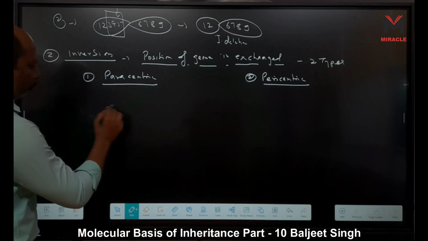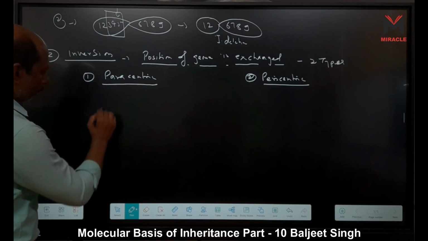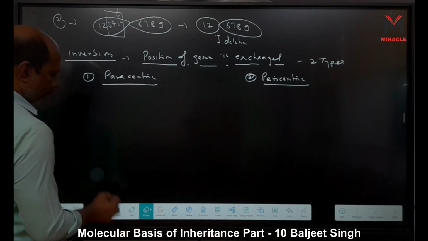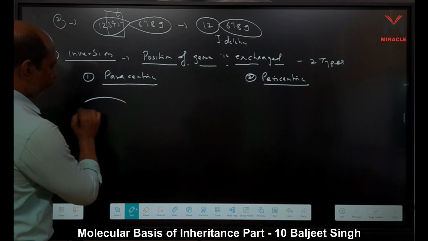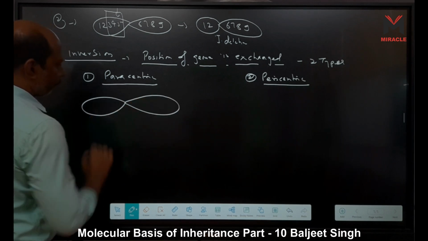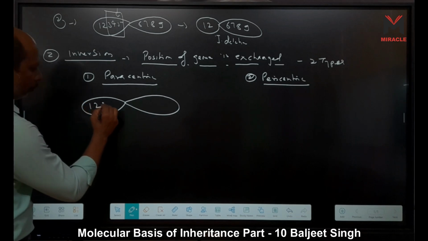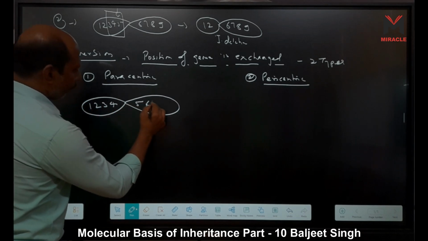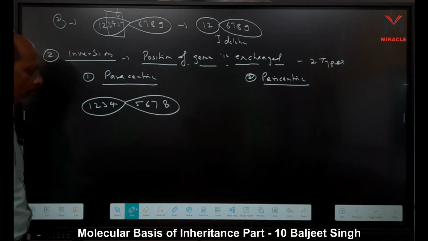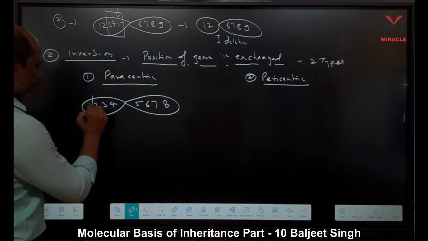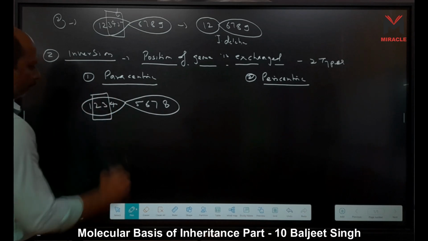Look here, we have two chromosomes. Suppose that this one is chromosome. Then paracentric means what happens here? 1, 2, 3, 4, 5, 6, 7, 8. Suppose that this position is changed, 2, 3.